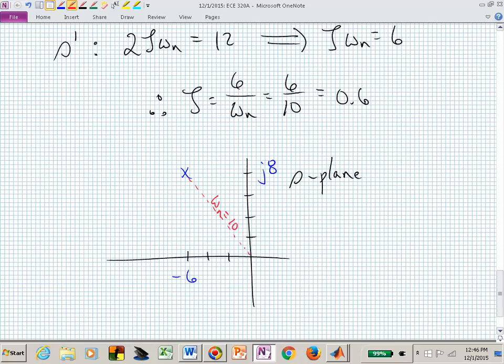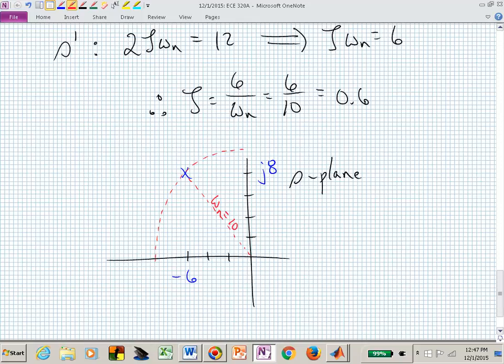And if we got out our compass, then if we completed that circle, each of those points on the dashed line would be 10 units away from the origin, is what I mean by that red arc.